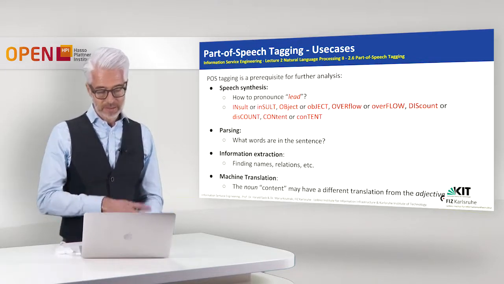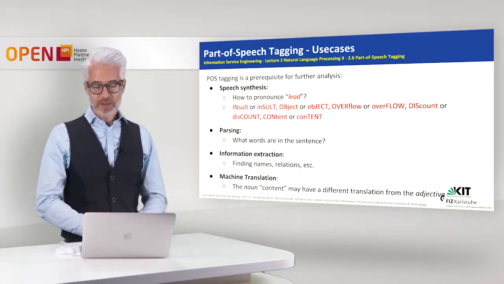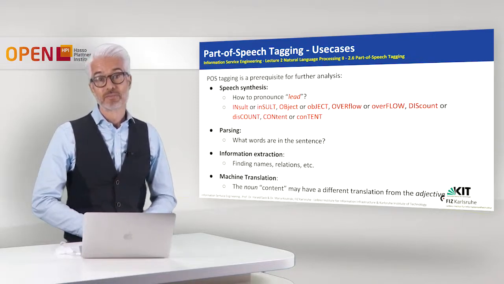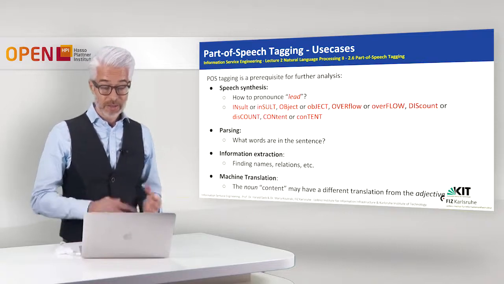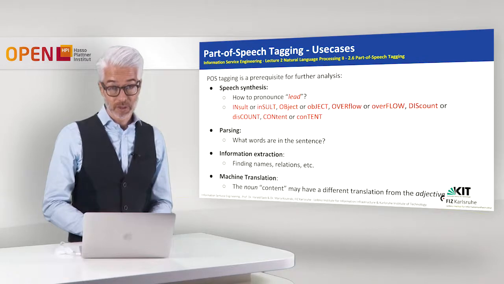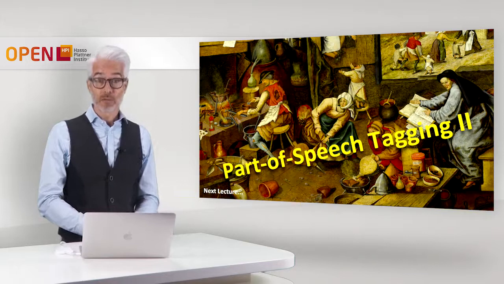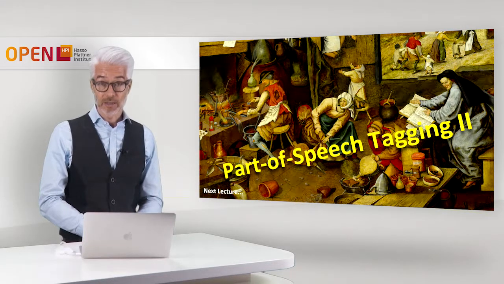For example, if you translate the noun content, it may have different translations from the adjective. That's clear. So these are different use cases where it's important to know the part of speech. And in the next part of the lecture, we will show you how part of speech tagging actually is implemented.